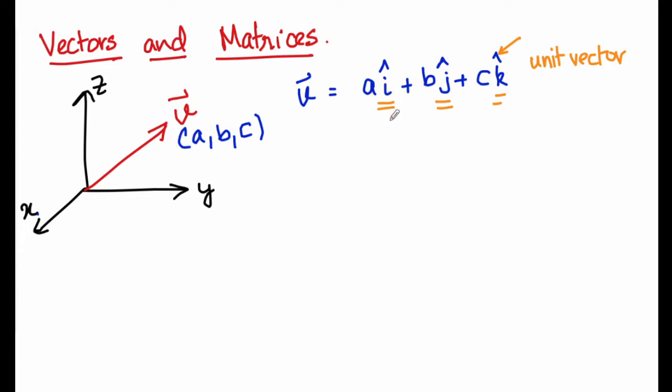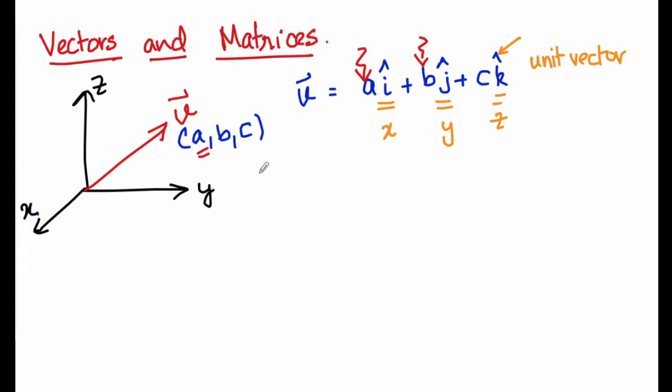For instance, the i cap represents the unit vector along x, j cap represents along y, and k cap represents along z. We are able to understand here that a is the magnitude along the projection of the vector v along the x-axis, and b is the projection of the vector v along the y-axis, and c is the projection of vector v along the z-axis.